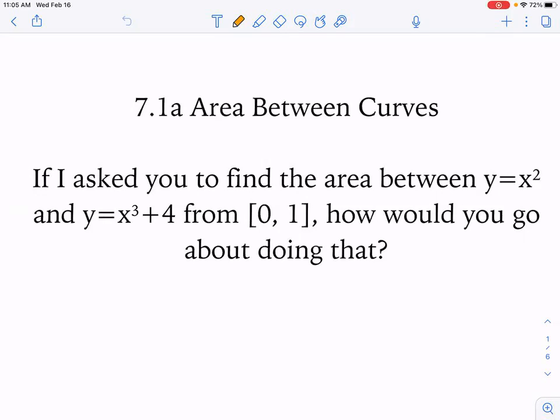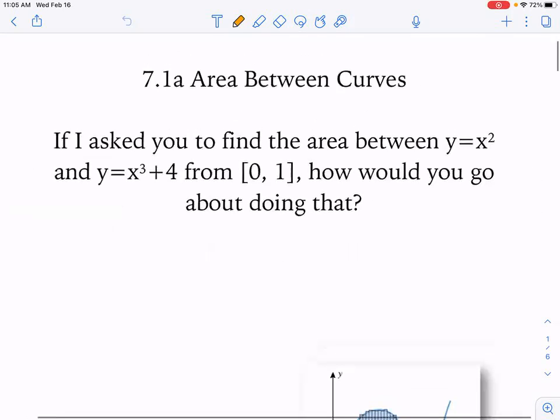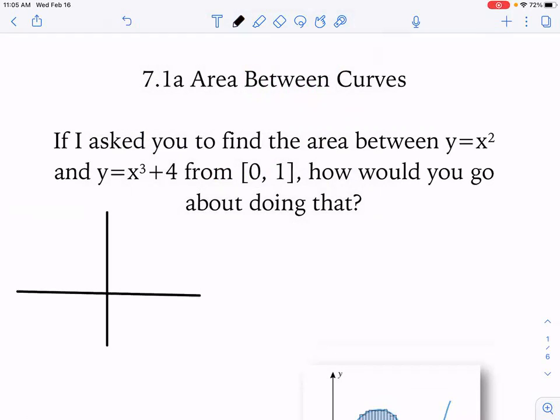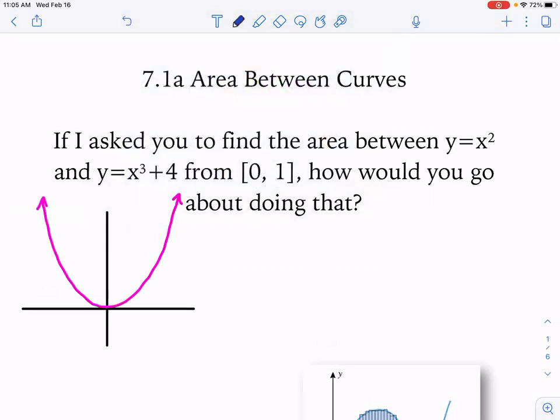Let's draw a picture. Here is y equals x squared. And then we have this one, right?